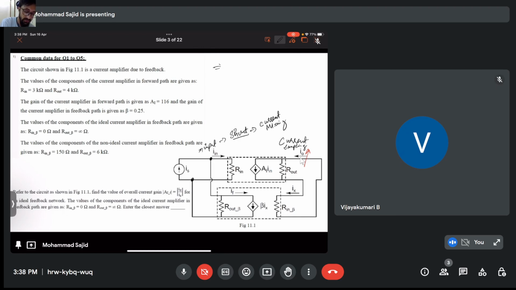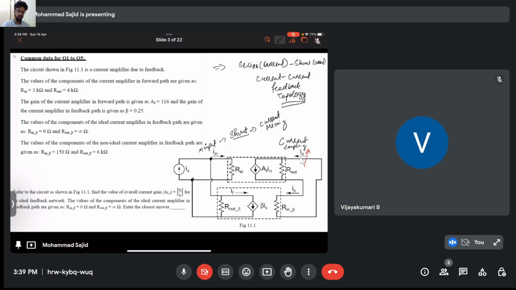So your configuration is series, that is current, and shunt, that's also current. So it's a current feedback topology, right?